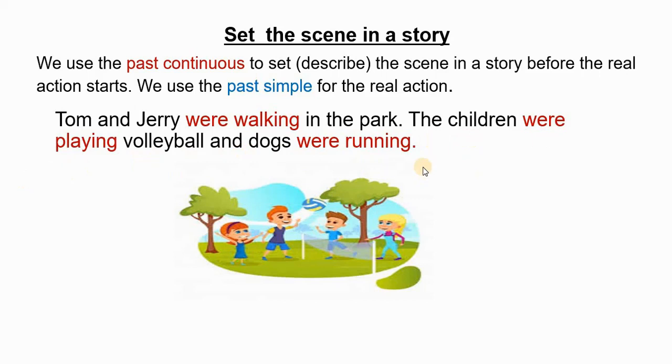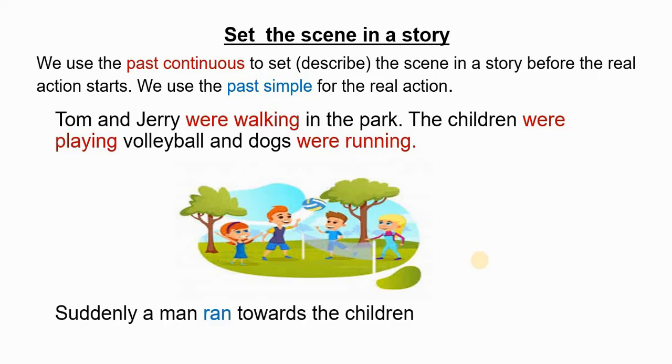So, this is just a scene. This is just a scene of the story. It is the background of the story. It is a general description of the scene of a story. And then the real action starts. Suddenly, a man ran towards them. So, this is the main action of the story, and that's why we use the past simple.